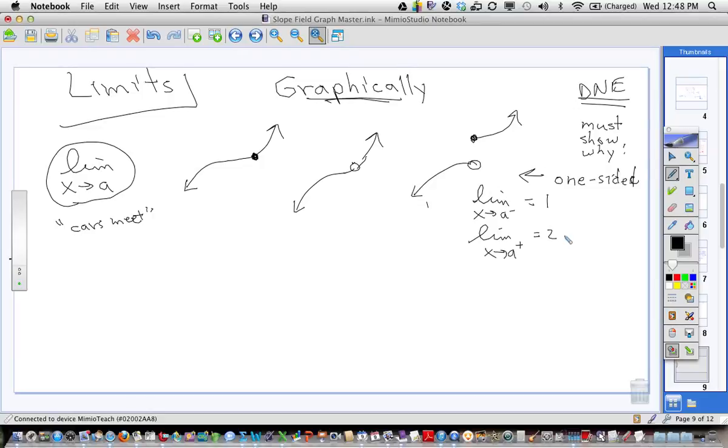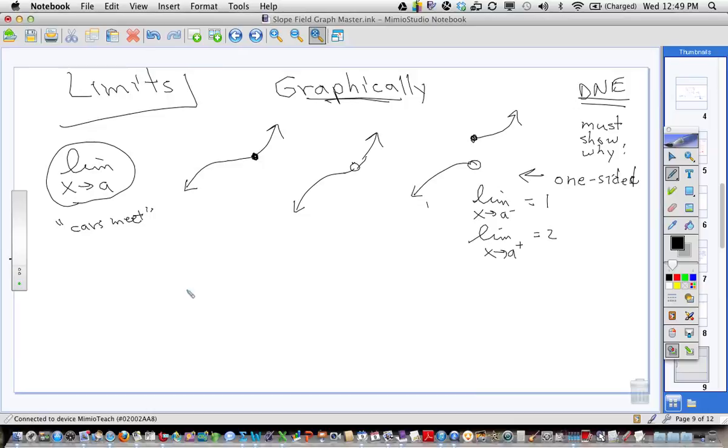What's the limit on the right doing? You have to put that. Now, we talked about that, but I don't think I made you do that. You could just say the limit does not exist. But that's going to have to be a part of it. Just saying does not exist is not going to be enough. You have to say why. And for these kinds, it's just, well, because on the left it's here. You can't just say the cars don't meet. You have to say the limit on the left is this, the limit on the right is this.